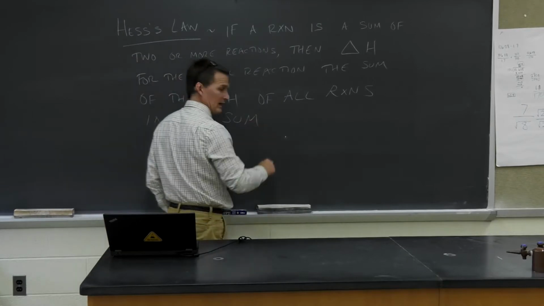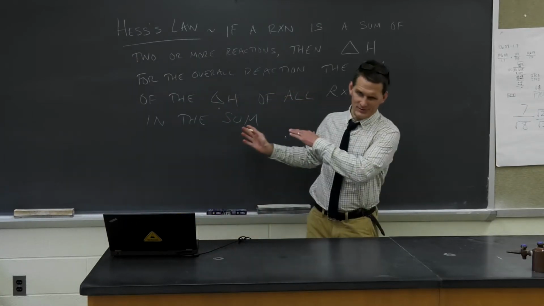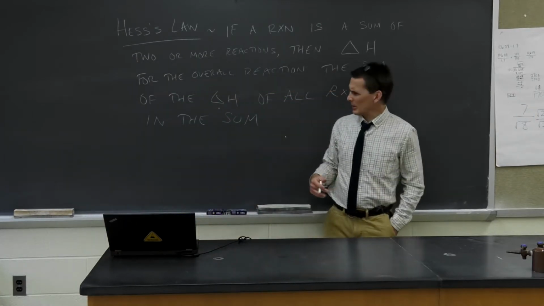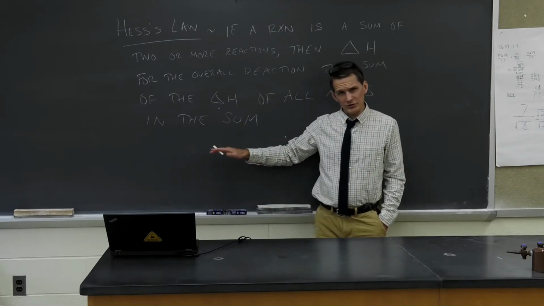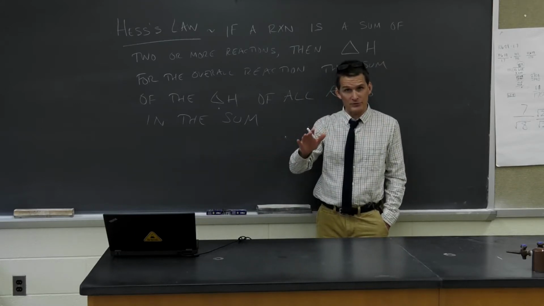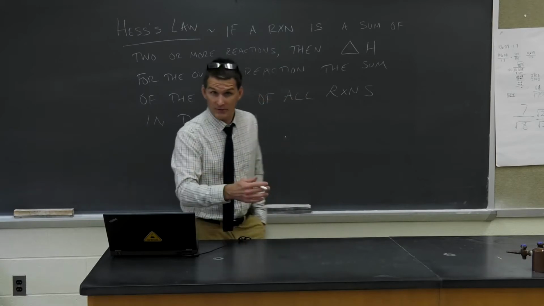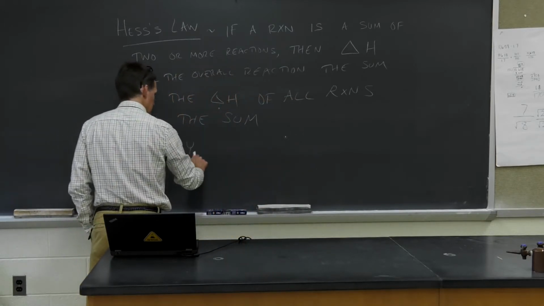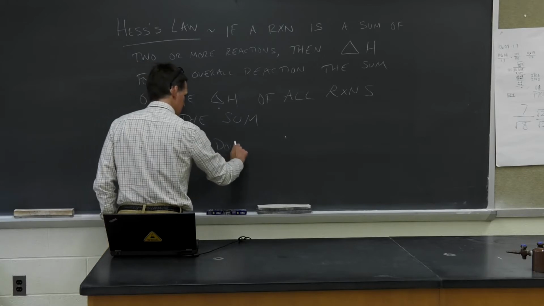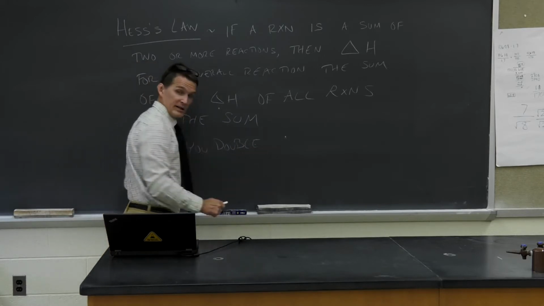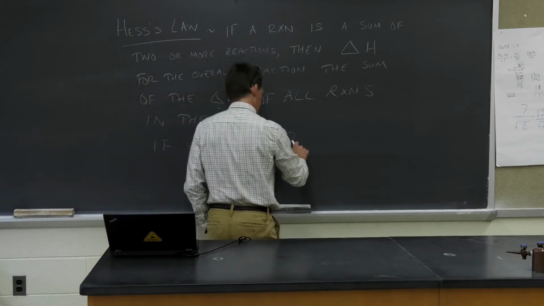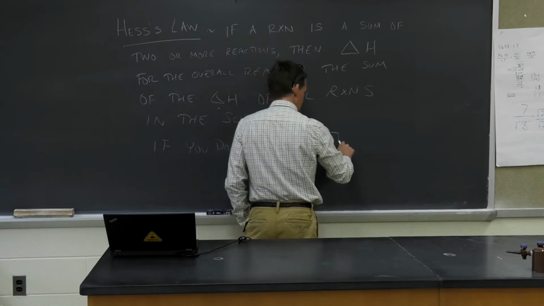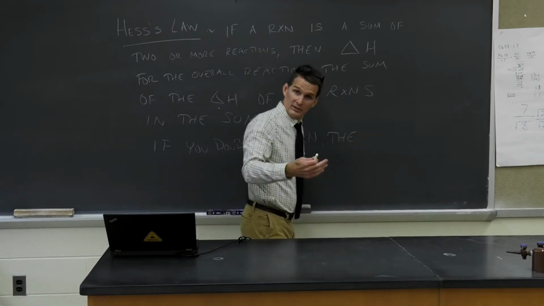And when using Hess's law, this probably won't make sense right now, but when we go through some examples it will. But when you're using Hess's law, it's helpful to remember these ideas that I've already presented to you. If you double a reaction, then you double the enthalpy for the reaction.